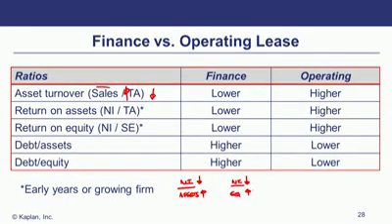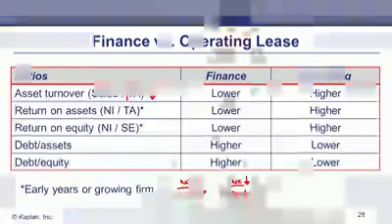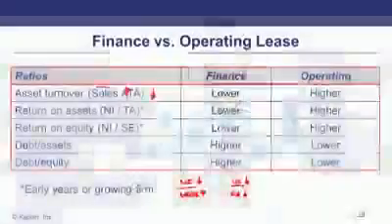Because of the additional depreciation and interest being bigger than the rental expense, and that does mean that equity is going to be slightly lower via retained earnings. But we're expecting the effect on the income statement to be proportionally bigger than the effect on equity, so typically ROE is lower on a finance lease, certainly in the earlier years.